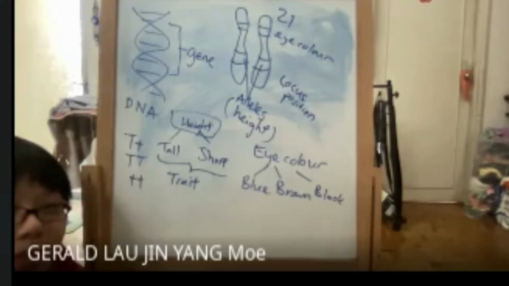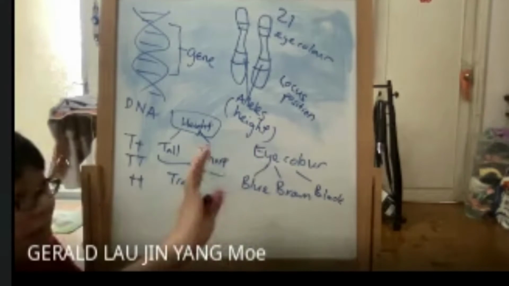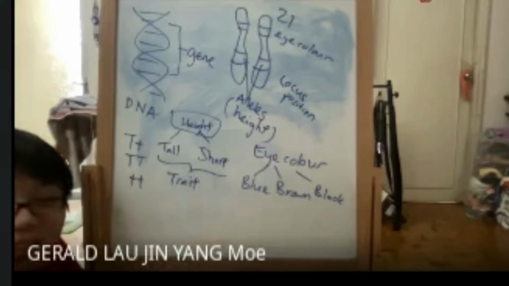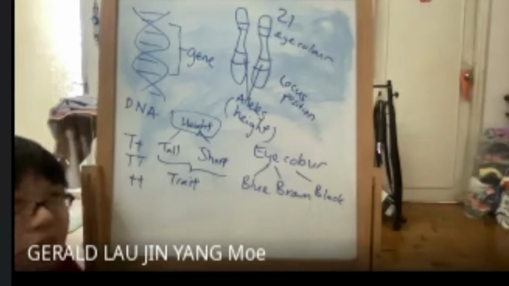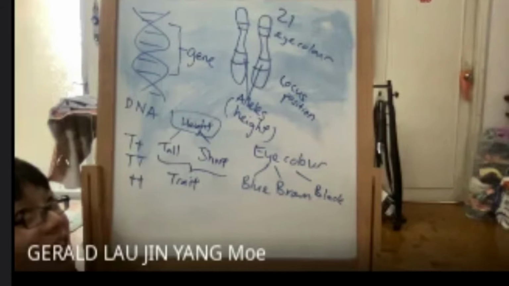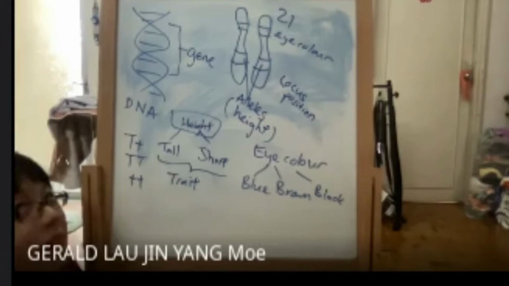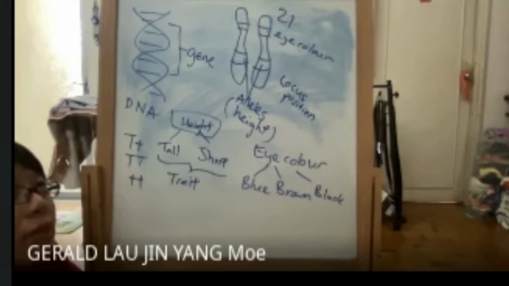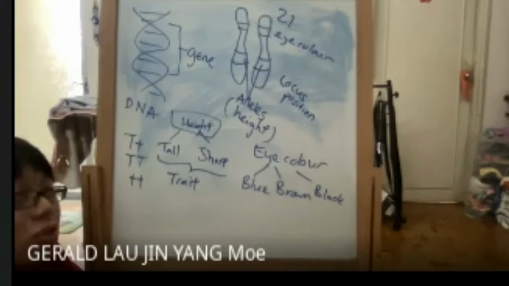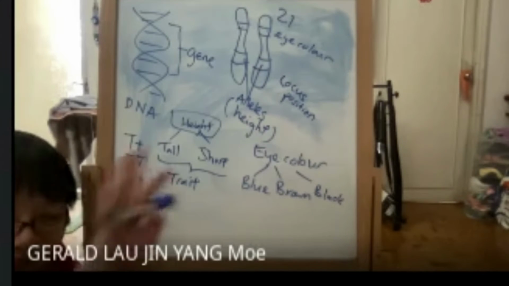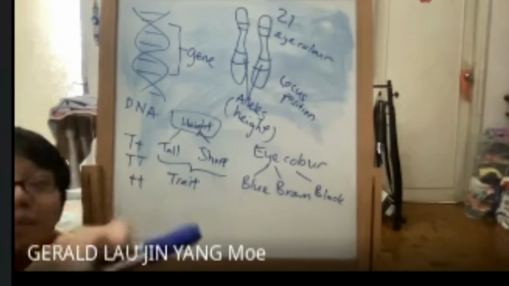I won't go into the schematic diagram that far yet. Ratio you got. I think one was two dominant, two was the heterozygous, one is homozygous recessive. Later we use the example later, okay?